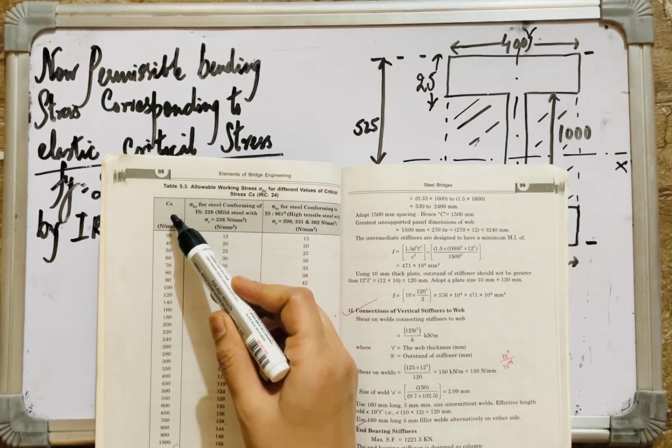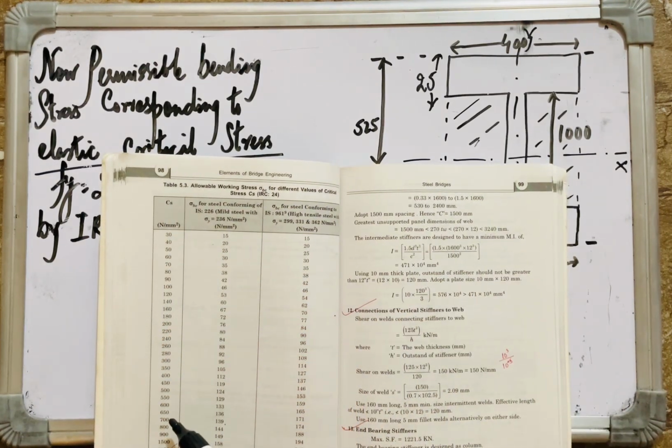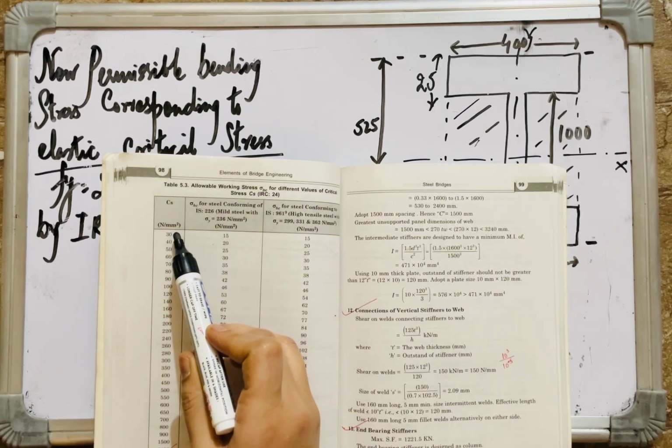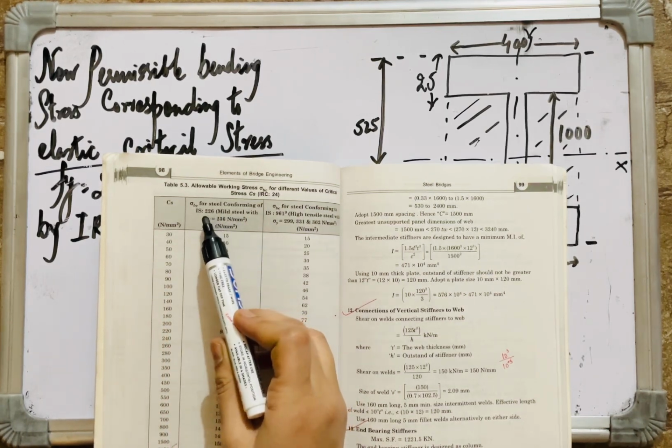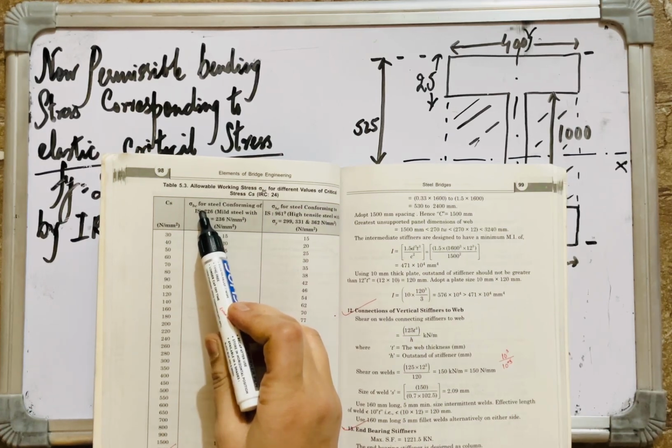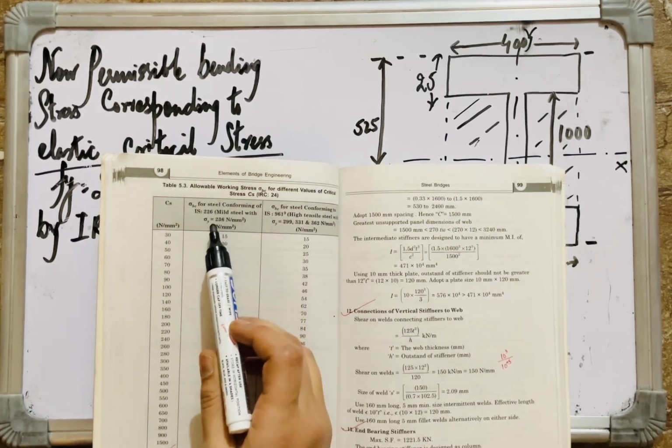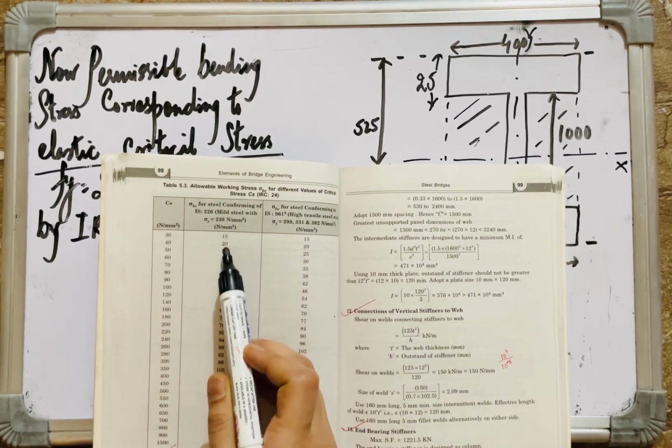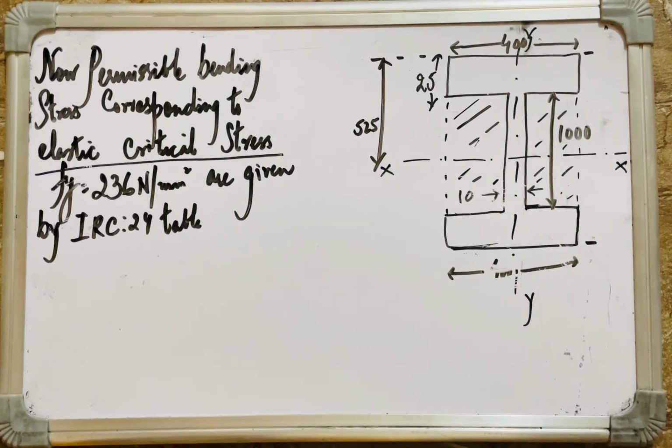On this side you can see the elastic critical stress in Newton per mm square units, and this is sigma BC, the permissible bending stress for the yield stress of 236 Newton. What we calculated, 144 Newton per mm square, was the actual maximum bending stress that is going to come. Now we have to see the permissible working stress as per the IRC, and the actual should be less than the permissible one, then only my section is safe.